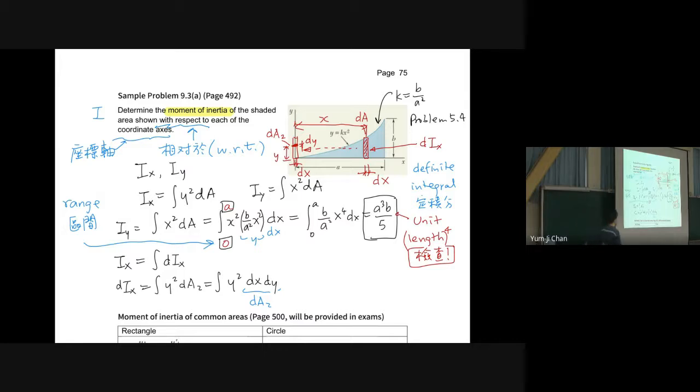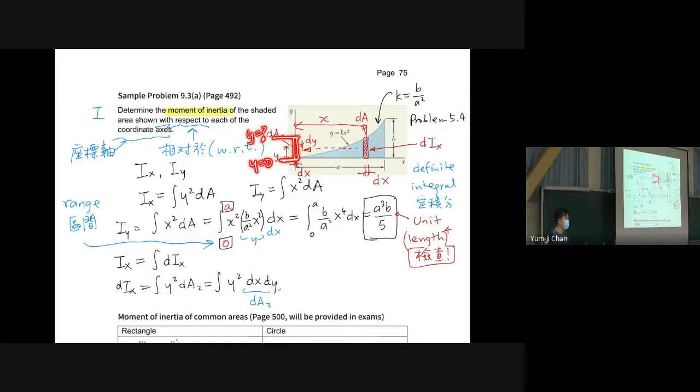The last thing we need to consider is that this is also a definite integral, like this one. So what should we fill in here? We are doing integration in the y direction. So we are taking from y equal to 0 to the height of this slice, right? Because we are taking the moment of inertia from here. We are taking from y equal to 0 to y equal to some y here.